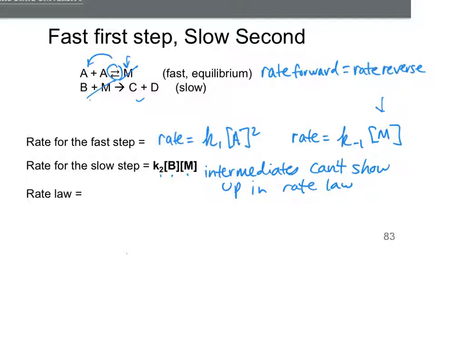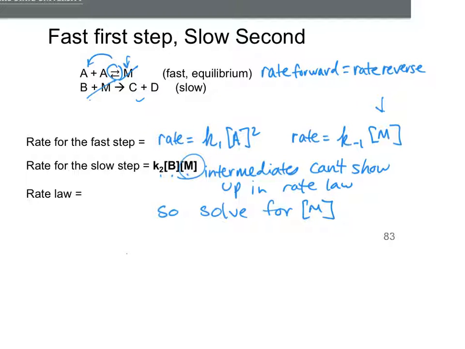And what we're going to do is basically solve for M. We know that the rate of the forward reaction is equal to the rate of the reverse reaction in equilibrium, which means we can set these two things equal to each other.